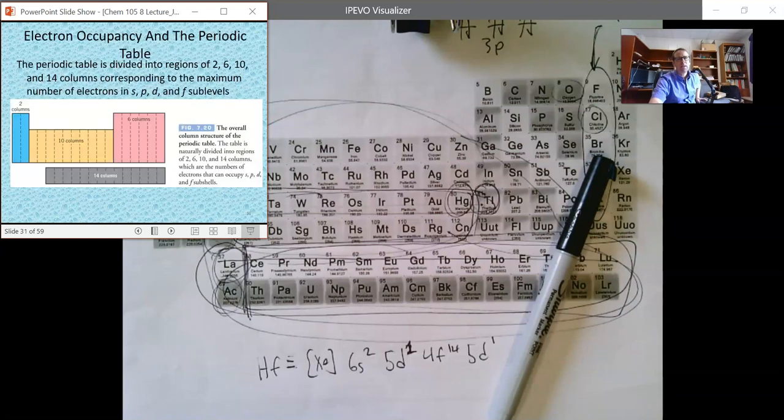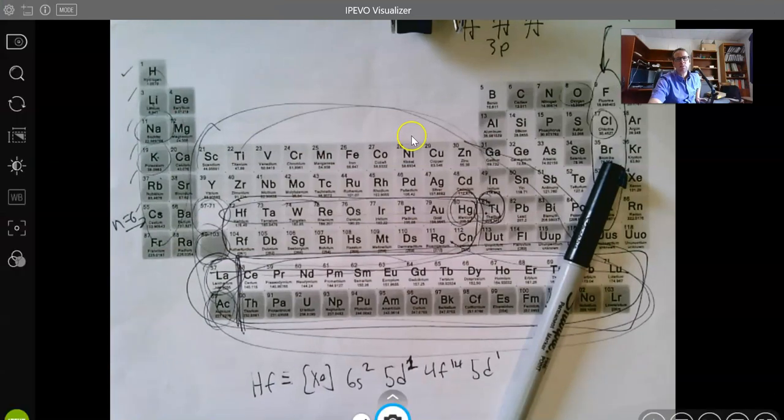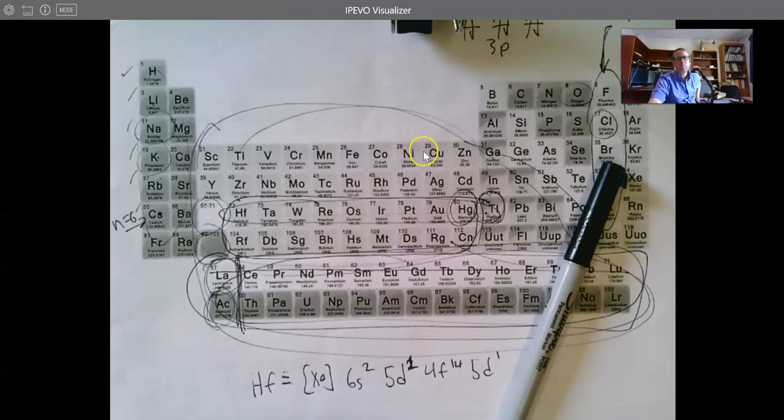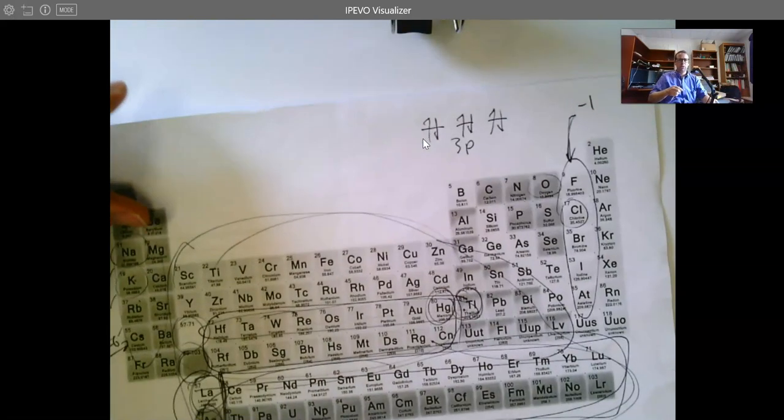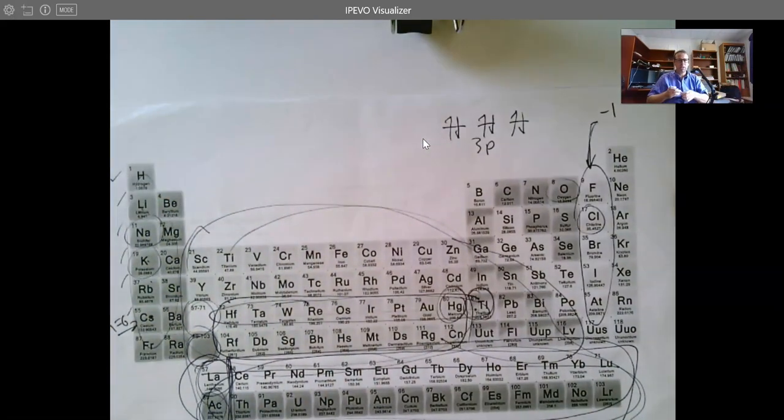Now, another thing that I should review really quick. Let's look at this one here. How many unpaired electrons does, for example, copper have? I think I mentioned unpaired electrons last time, but we have to be able to understand what that means.